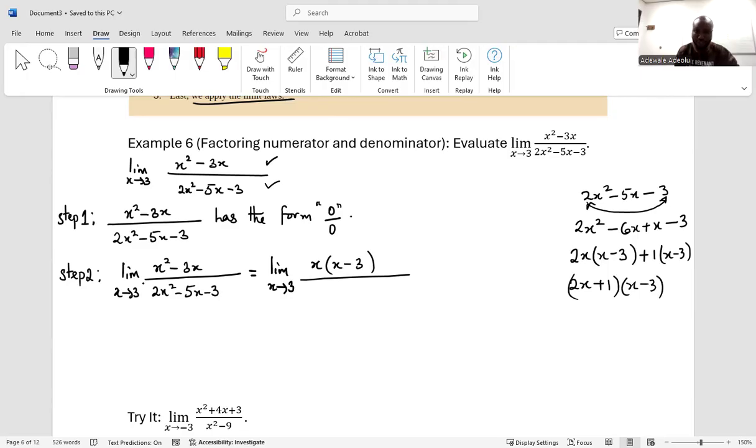So I will just bring it here, 2x plus 1, x minus 3. Ooh, look at that. We have x minus 3 here, x minus 3 here. They can cancel. And now I have limit as x goes to 3 of x divided by 2x plus 1.